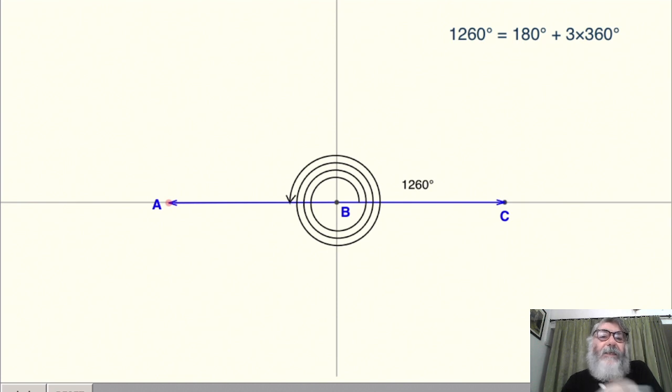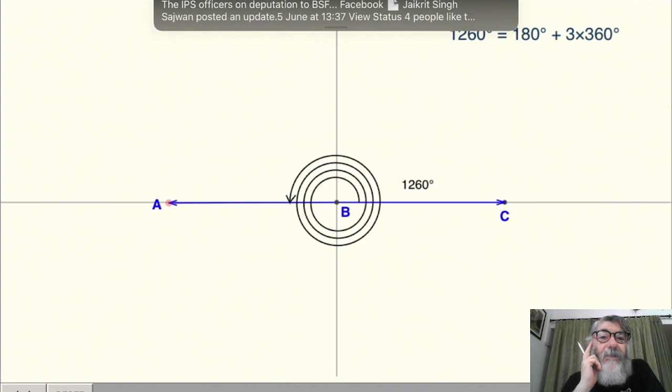Obviously on this side it should be an odd multiple. 18 into what is 126? 18 5s are 90, 18 7s are 126. So it will be 7 pi.